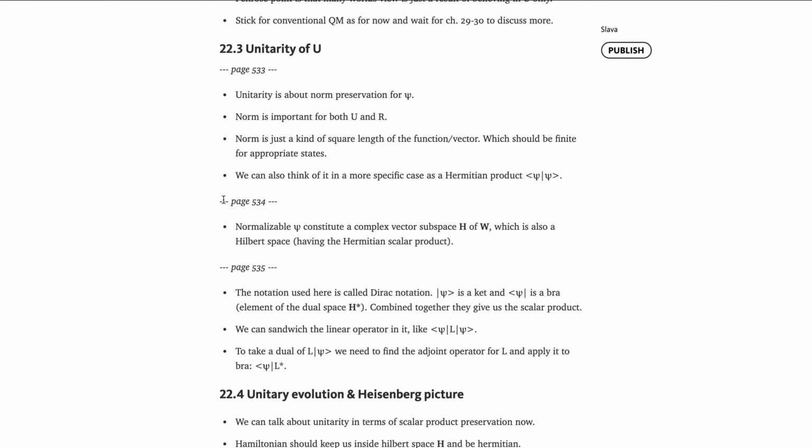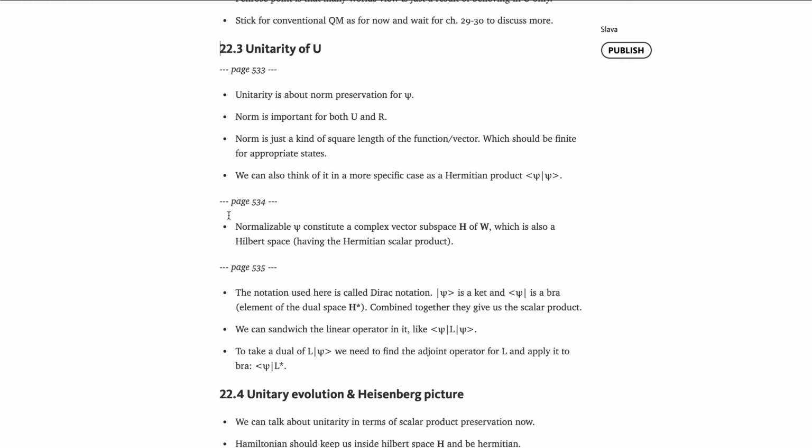The norm is actually important, and we can think about it as a kind of square length of our state or function or vector. That norm should be finite for appropriate physically realizable states.